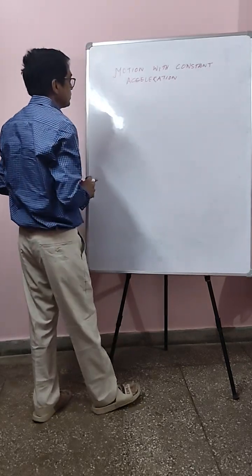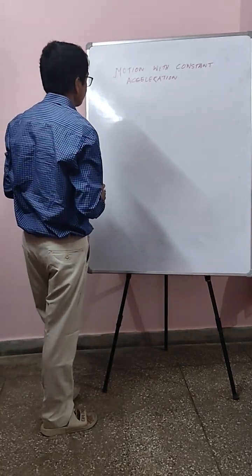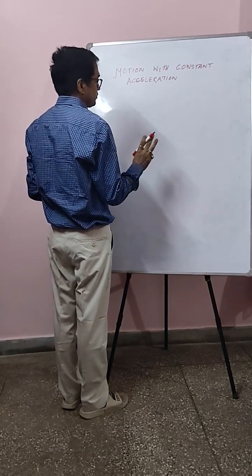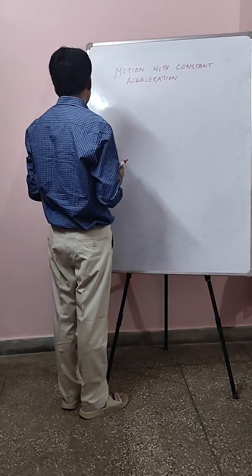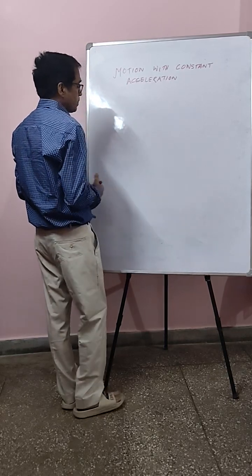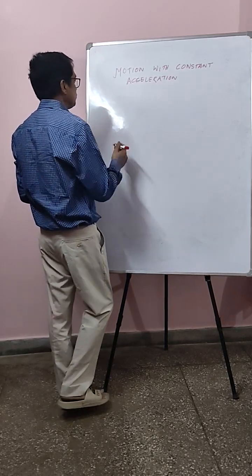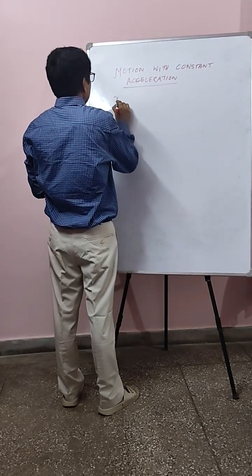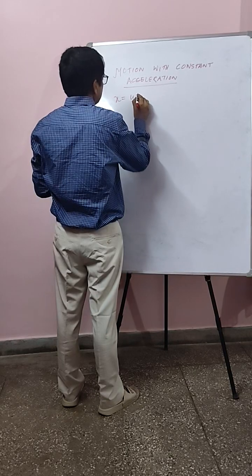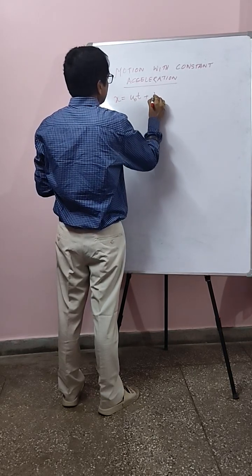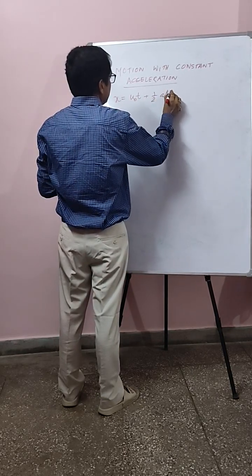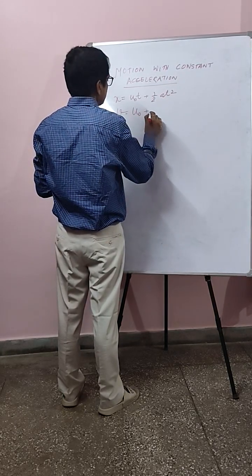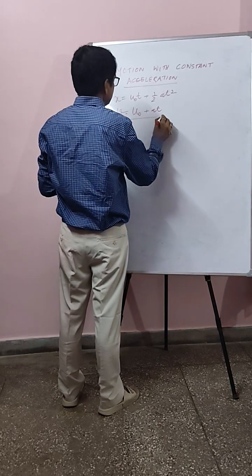Acceleration is constant, so we will be deriving three equations of kinematics when motion is uniform, with constant acceleration. X equals u0 t plus half a t square, and v equals u0 plus at. We'll be using these two equations.